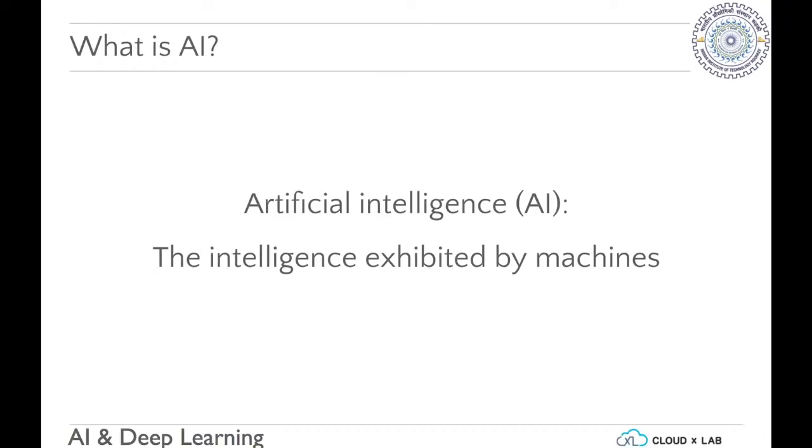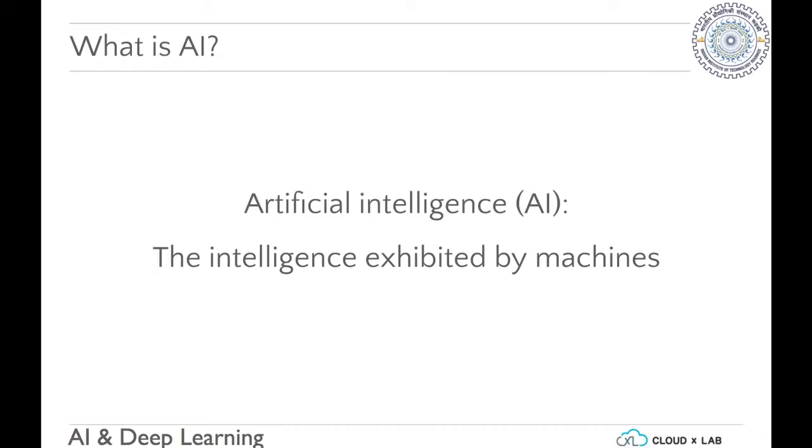Let's move ahead and try to understand what exactly is AI. So AI is the intelligence exhibited by machines. Okay? It is not the tool, it is not the suite of components.